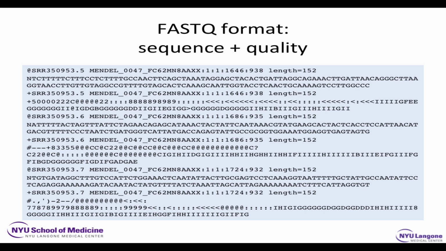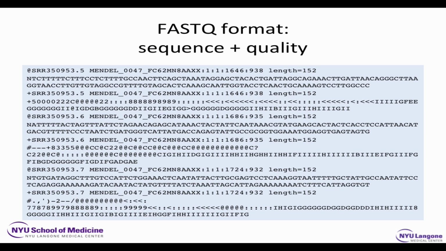It represents a quality score in a range from 0 to 64, where 0 is not good and 64 is really good. In particular, we usually use a quality threshold of 30, which is actually 10 to the third.